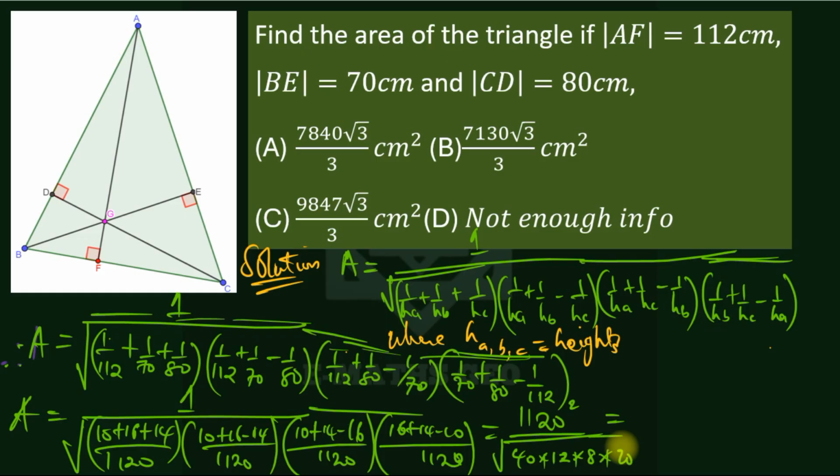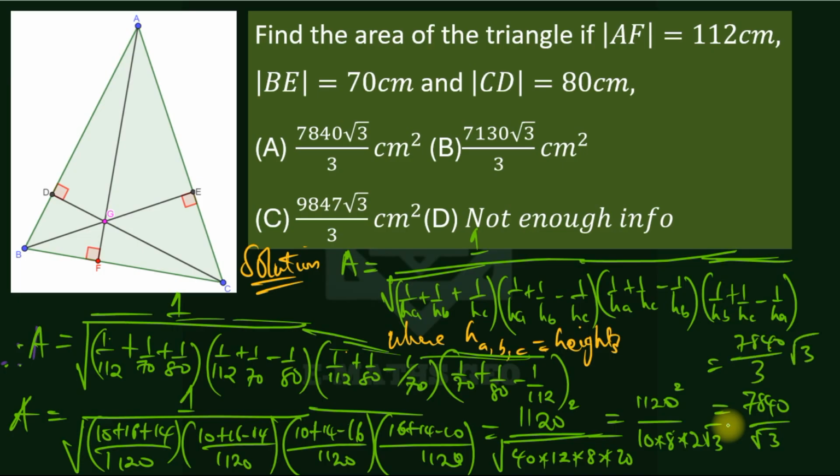Which is equal to 1120 squared over, the square root of 100 is 10, times 4 and 8. So the 2 here, we have 64, the square root of 64 is 8. Finally, the square root of 12 is 2 root 3. So our answer will be 7840 by 3. If we rationalize, it's 7840 by 3 times root 3. So that's the answer, and that should be option A.